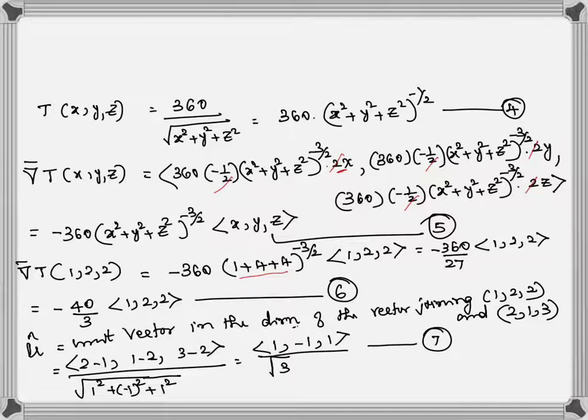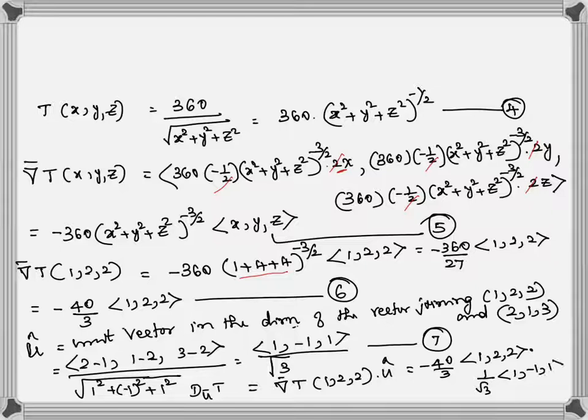So now, in order to get the directional derivative, we are going to only dot product del t, which is the gradient vector, with this unit vector. So which is negative 40 over 3, 1, 2, 2 times 1 over radical 3, 1, negative 1, 1 in the vector component form.